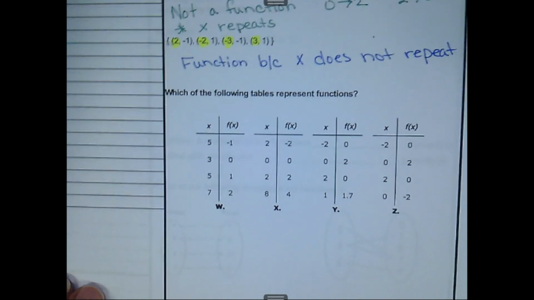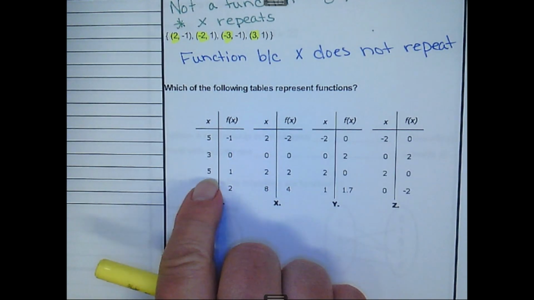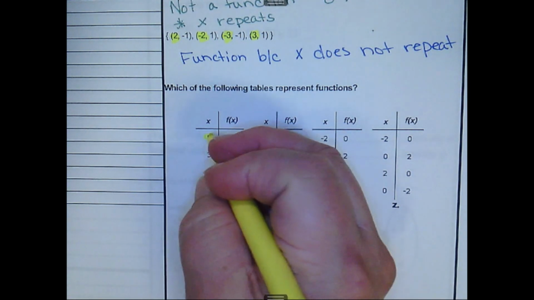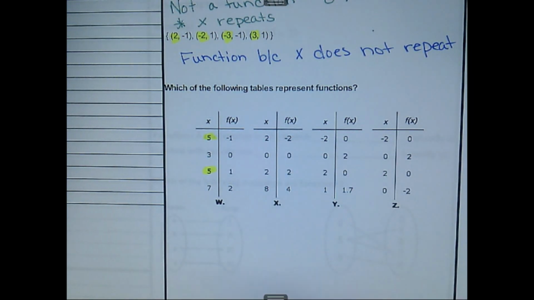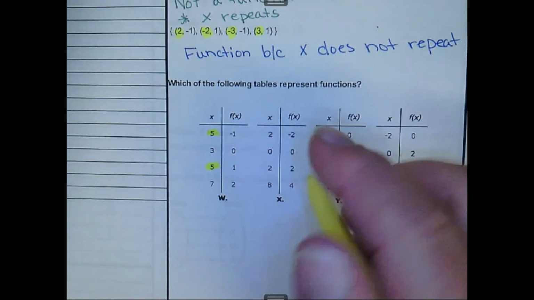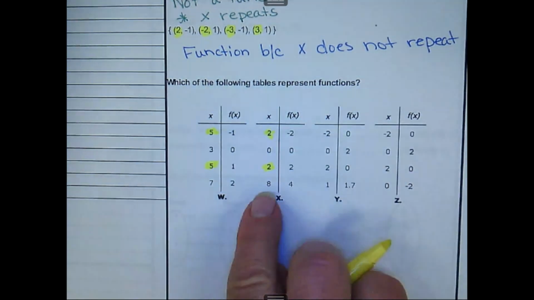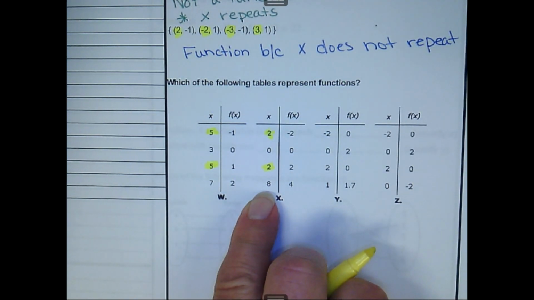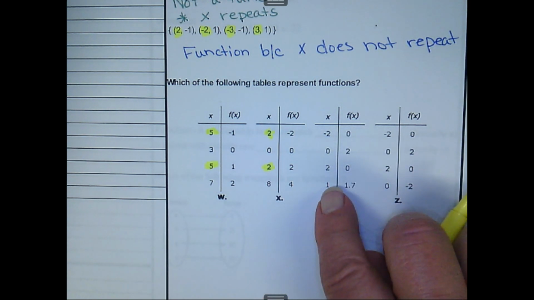Which of the following tables represent functions? So as I'm looking, 5, 3, 5. So this is not a function. 2, 0, 2, 8. This is not a function. -2, 0, 2, 1.